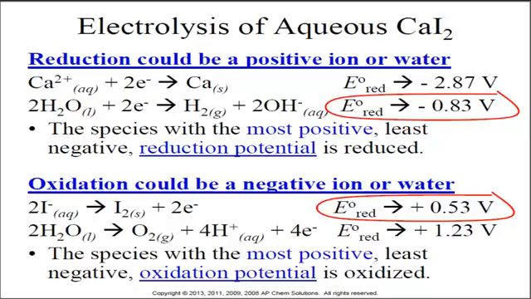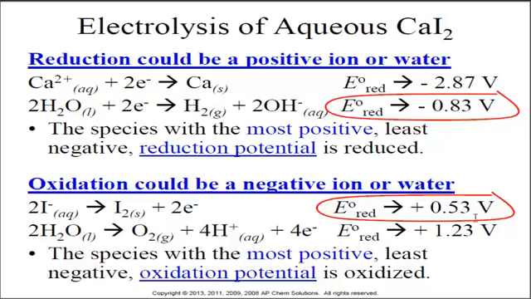Your table of standard reduction potentials only provides you with the reduction potentials, so remember to change the sign to make them oxidation potentials. The reduction potential for iodide is negative 0.53 volts. So we change that to a positive 0.53 to look at oxidation.